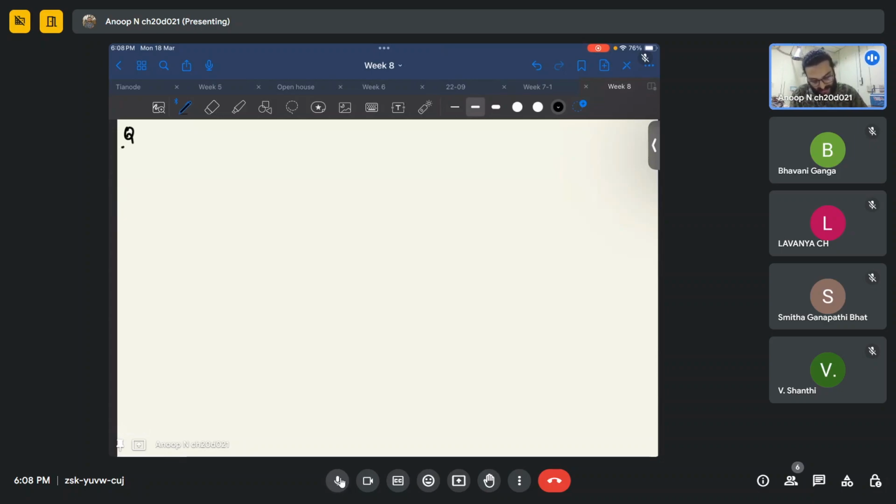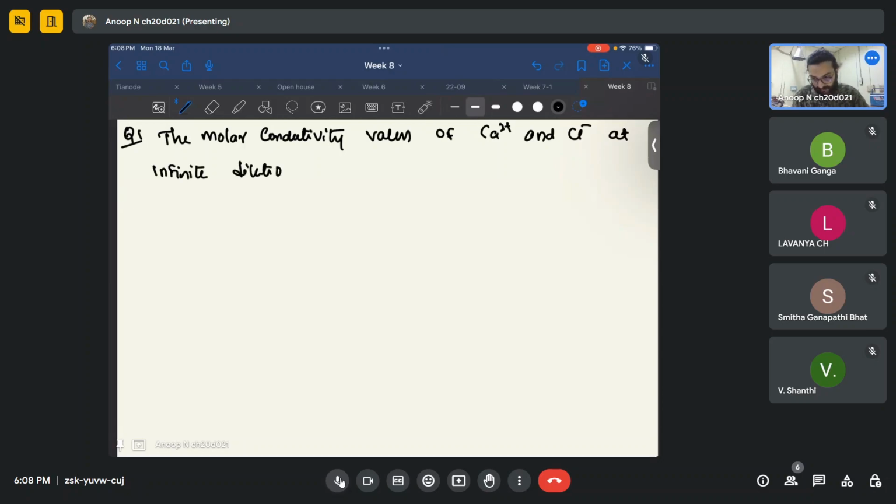First question, these are the problems I missed last class, so you can write it down. The molar conductivity values of Ca2+ and Cl- at infinite dilution are 118.8 into 10 raised to minus 4 and 73.3 into 10 raised to minus 4 Siemens meter squared per mole.